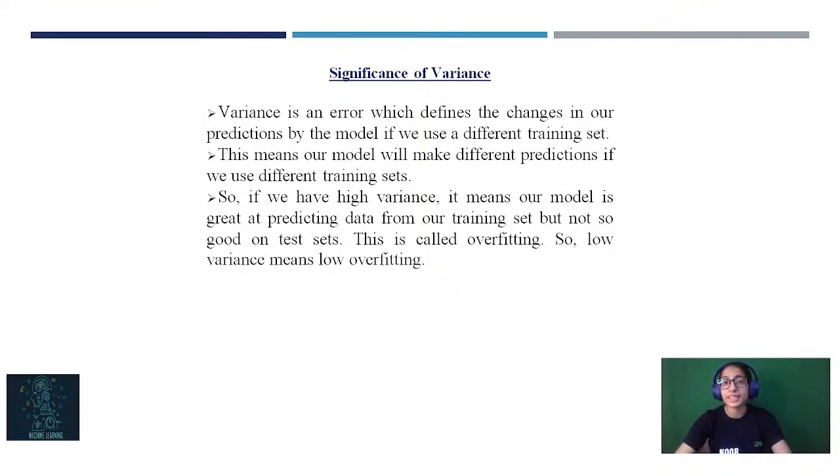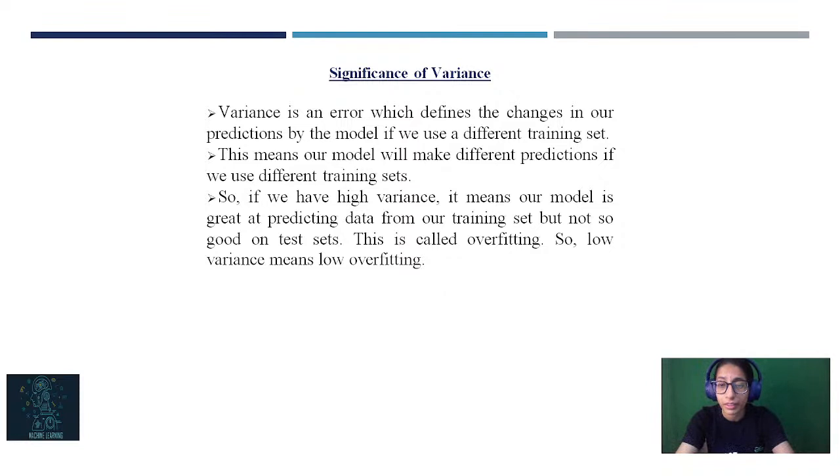So what is variance? Variance is an error that defines the change in our model's prediction if we use a different training set. It means the model gives different predictions if we use a different training set. If we have high variance, our model is great at predicting the training set data, but not as good on the test data set.